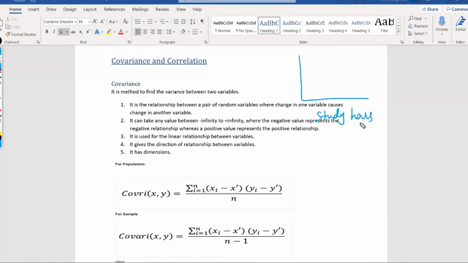Study hours, and here it is marks. As and when I keep studying more and more hours, my marks are going to increase.